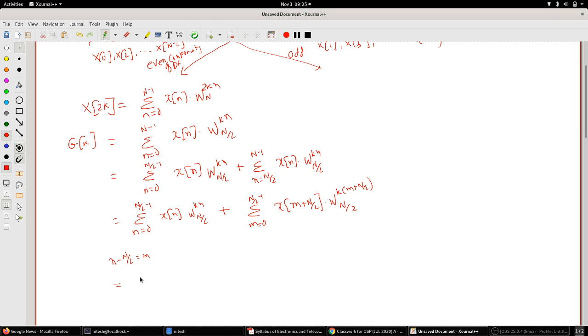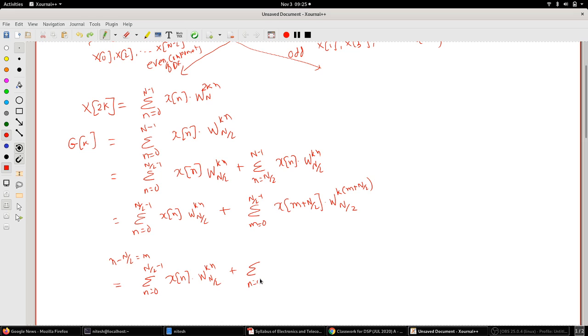So this will be equal to, in short, summation n equal to 0 to n by 2 minus 1 x of n into wkn of n by 2 plus summation n, instead of m I will make this equal to n by 2, n now. It does not matter, right? Independent variable.